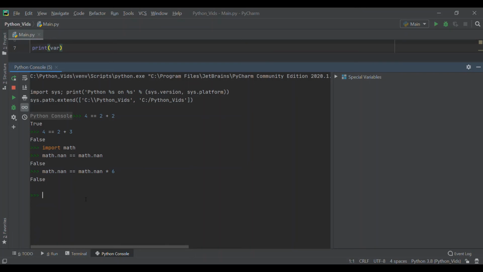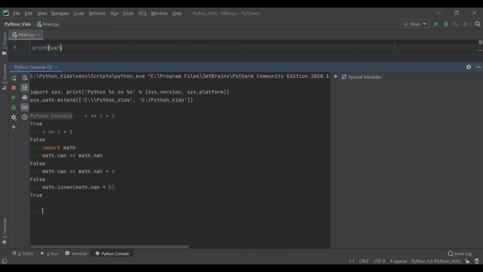So how do you check whether a figure is not a number or not? If you can't do that, well, what you can do is there's a different function in math called math.isnan, and that asks the question, hey, is this a nan value or isn't it? And there, when we do math.nan times 6, which is the same thing we did up here, that time it's true.